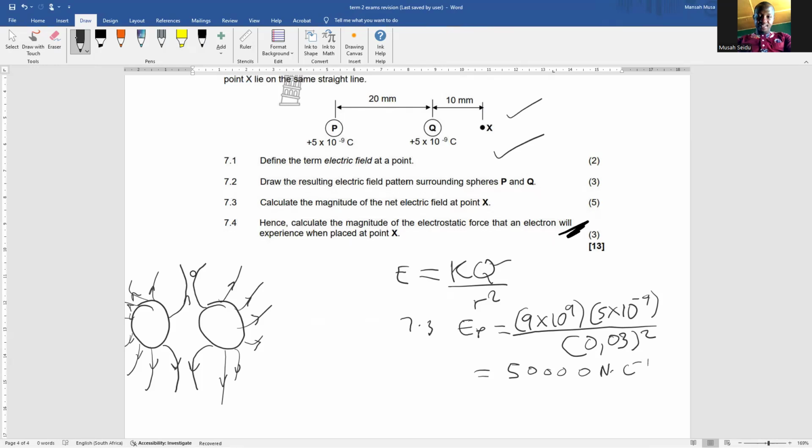So now when we consider the two, because they are all positive, the X will move to the right. So we know our direction is going to the right.